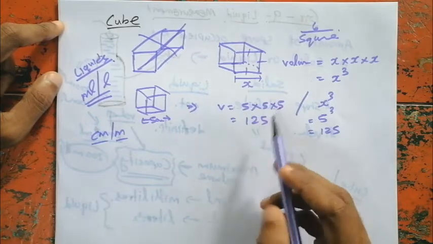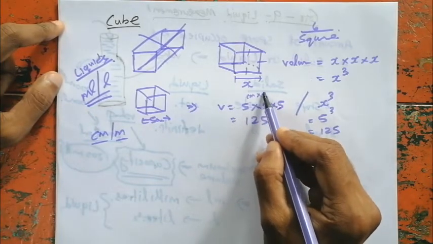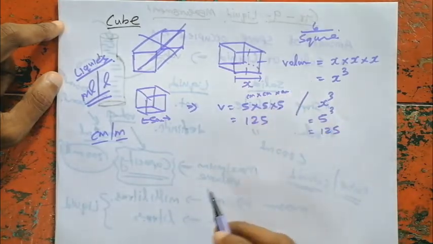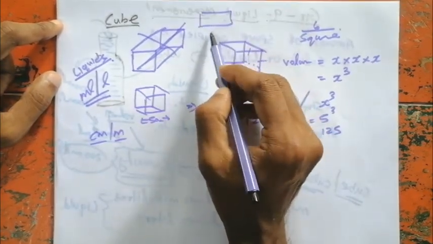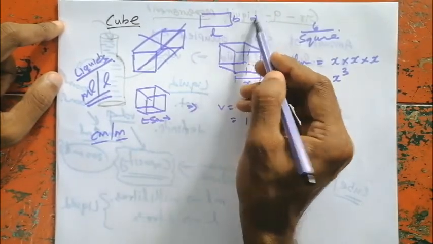Like that, 3 centimeters are going to multiply. You all know the area of a rectangle is length into breadth, is that correct?